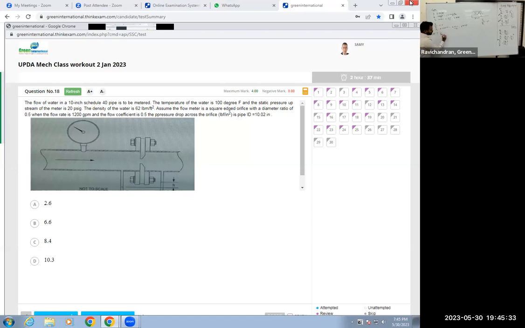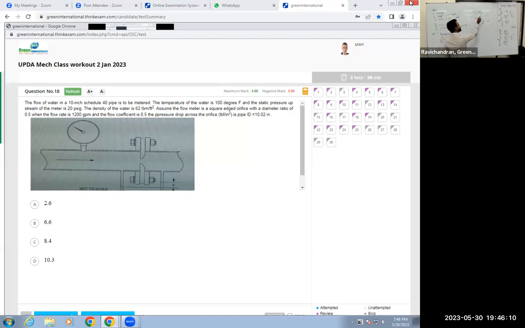We know Bernoulli's equation. P1 by rho g plus V1 square by 2g plus Z1 is equal to P2 by rho g plus V2 square by 2g plus Z2. Since this is on the same elevation, there is no height difference between the flow.